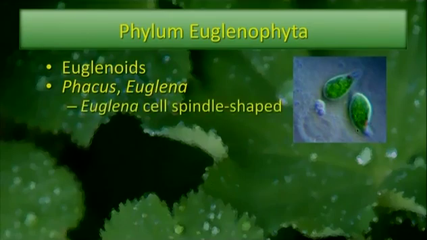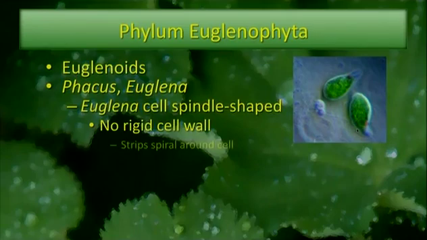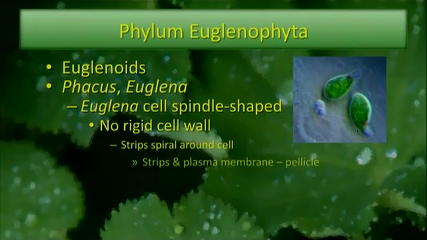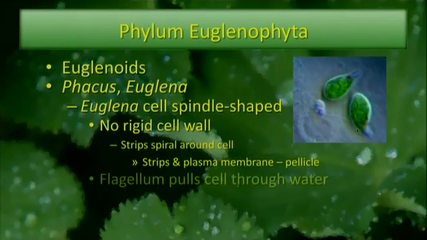Euglena cells are spindle-shaped. They have no rigid cell wall. Instead, they have strips that spiral around the cell, and the strips and the plasma membrane make up a sort of flexible pellicle. They have flagella, and a flagellum pulls the Euglena cell through water.